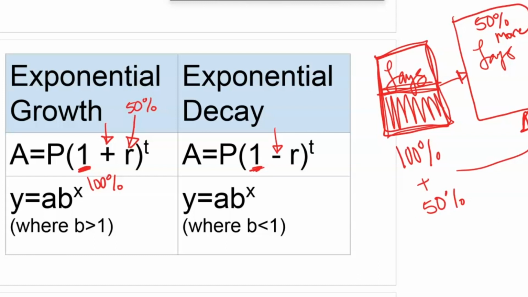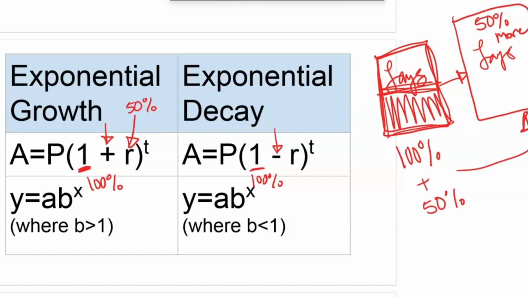That's why we have 1 in both of these equations. The 1 represents 100%. If it's decreasing down to 75% or something, then you would subtract from the 100%. So that's where the 1 comes from in those equations. You can think of it like it represents 100%.